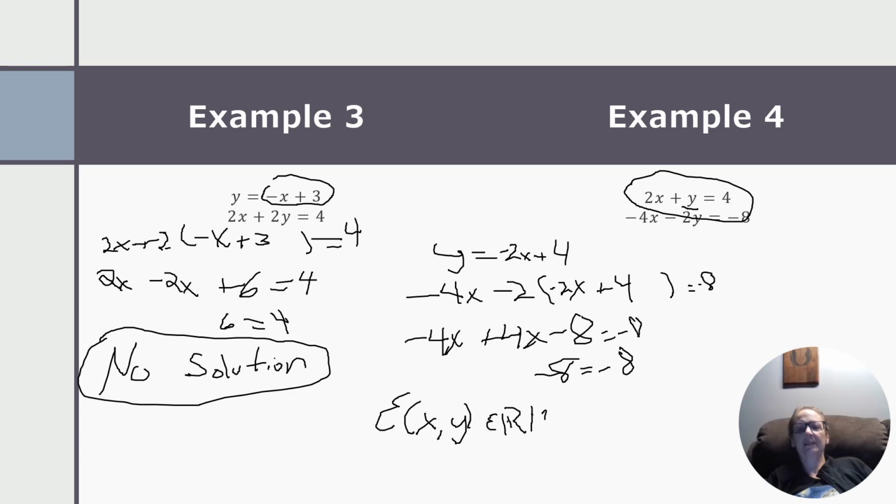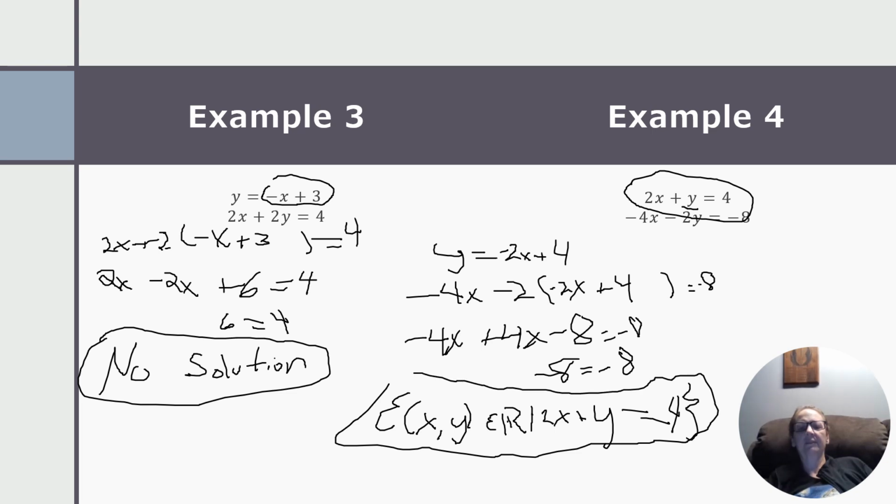So 2x plus y equals 4. Because that entire line is the solution, since they basically are the same line. They cross each other the entire time. So it's just a funky way of writing it, but it's the way that you need to write it.